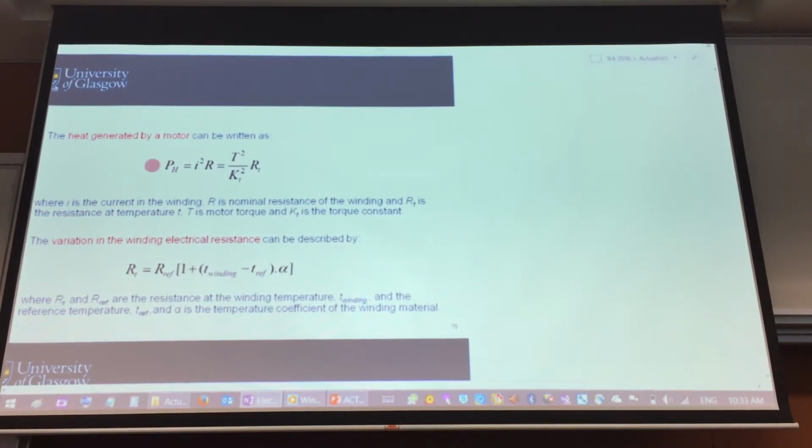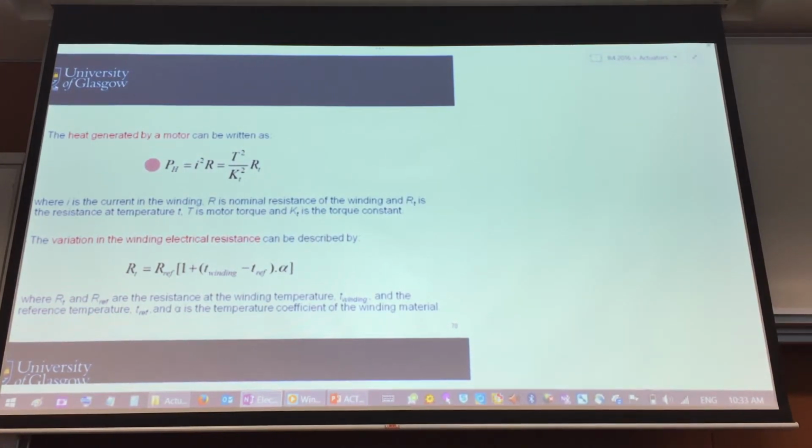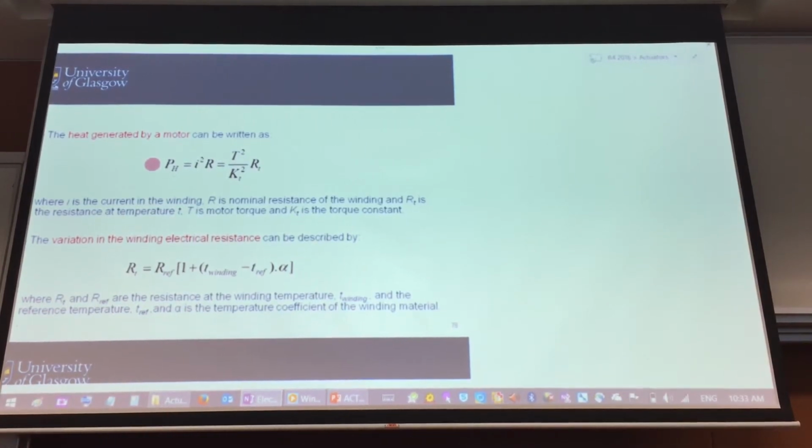This P stands for power, power that's generated by the heat. Your MDE peers would tell you heat generated, we use a letter Q. Over here, these notes use P to say that there's a power that's generated due to the heat, the heating power.